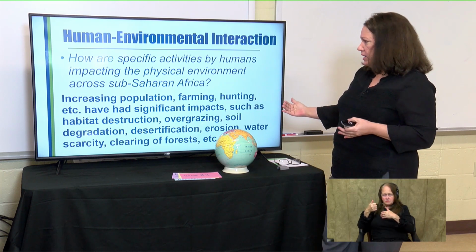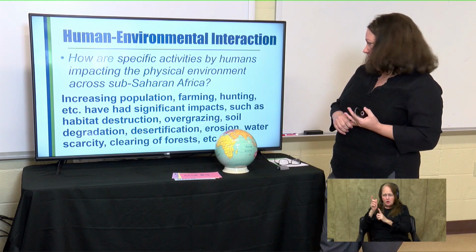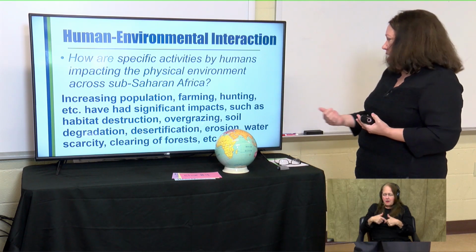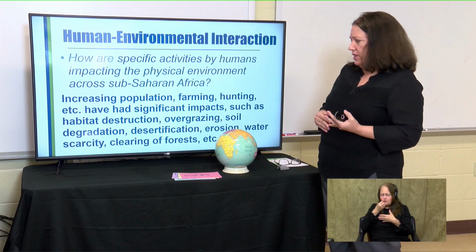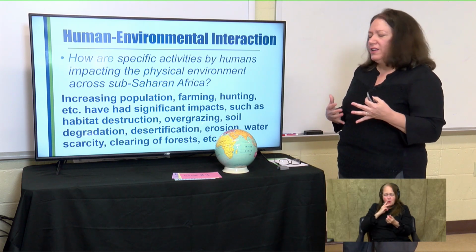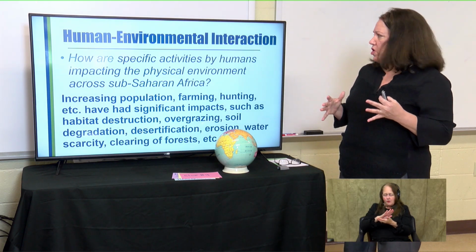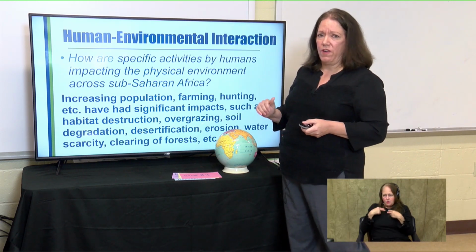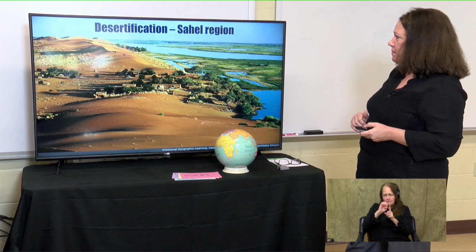Farming and hunting have had significant impacts, such as habitat destruction, overgrazing, soil degradation, desertification, erosion, water scarcity, clearing of forests. All of those are ways that activities by humans are impacting the physical environment in sub-Saharan Africa.